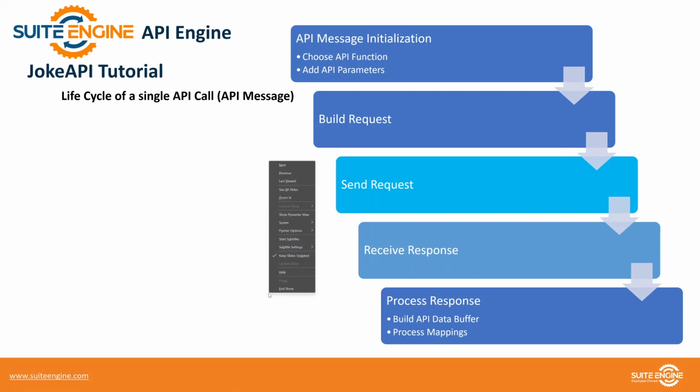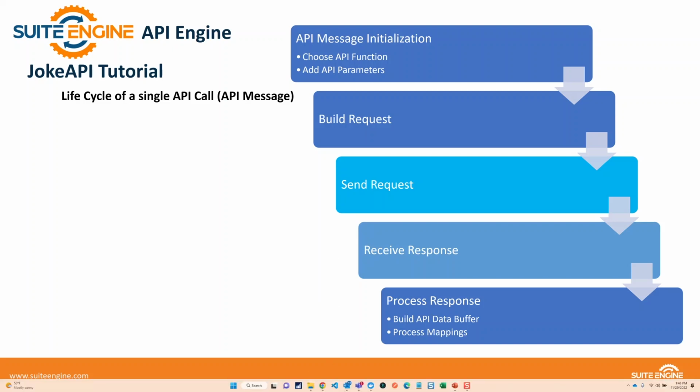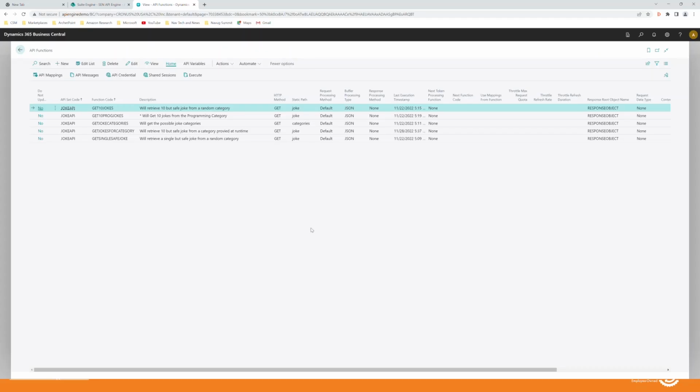So let's look at our solution so far, which again is all done without any code whatsoever. Remember, these are the functions. These last four had URL parameters that we were sending to the Joke API that were static, meaning that they didn't change.